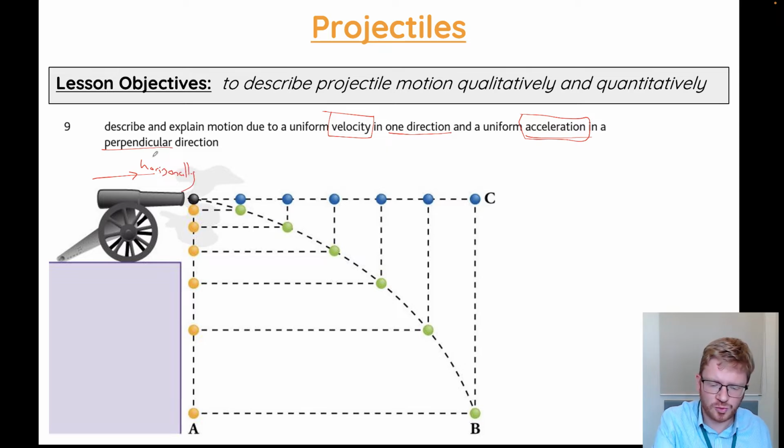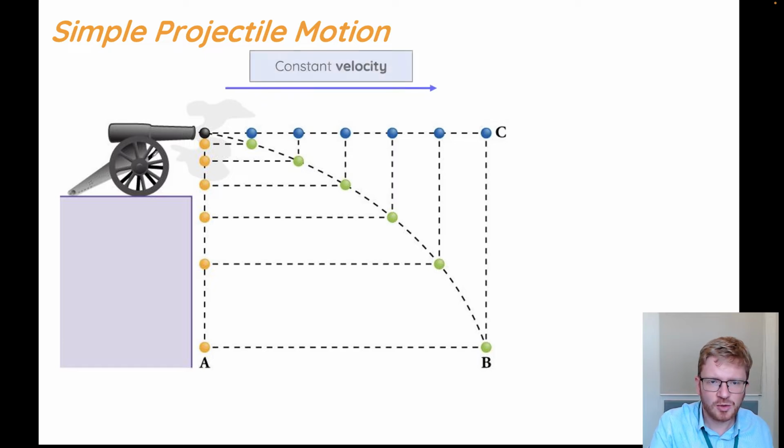So what that means is we have constant velocity in the forward direction. My cannonball has just a velocity in that direction, and if you think about that from a forces perspective, that kind of makes sense. There will be a little force due to air resistance, so I could put a little friction there, but for most of the time in physics we always ignore air resistance.